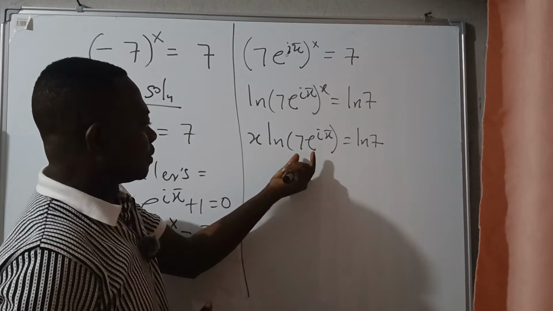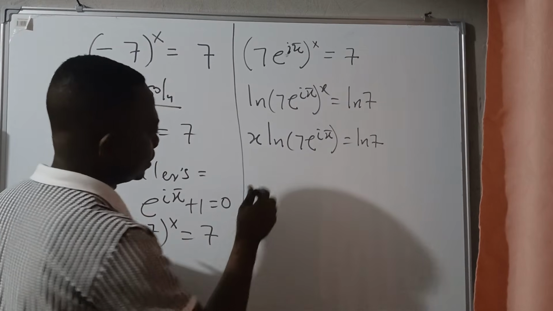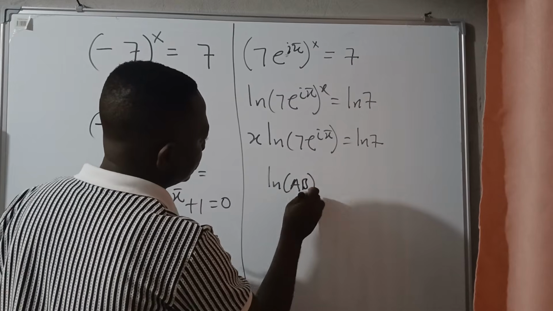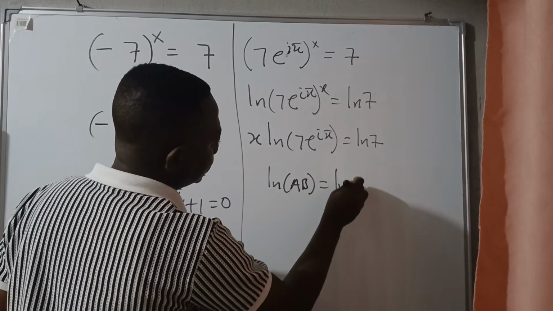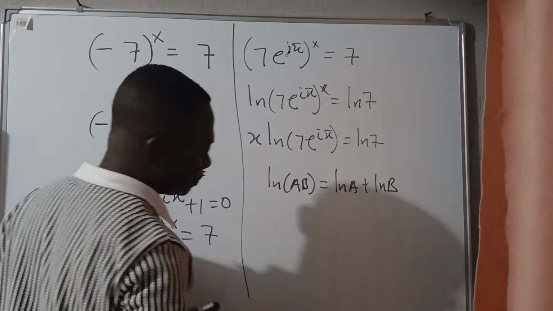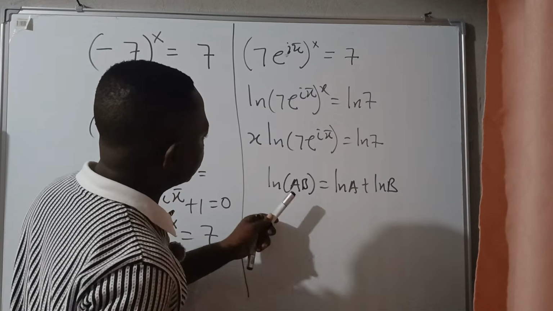Now remember, we have a product here. When you see ln of AB, it is the same as ln of A plus ln of B. So I would like to go by that.